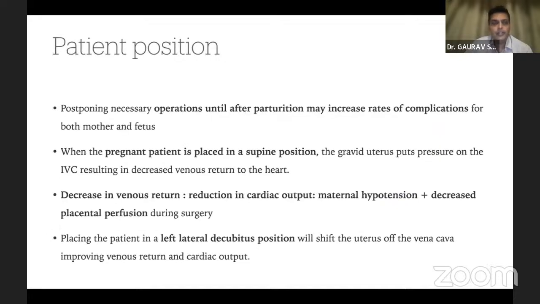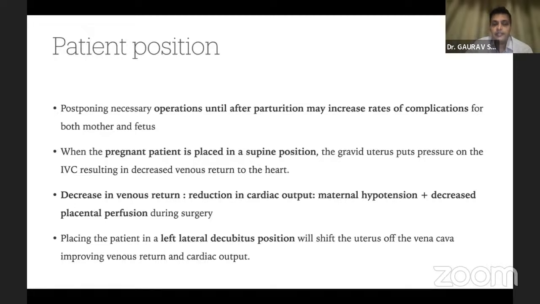Okay, next we come to patient positioning. As far as patient positioning is concerned, when the pregnant patient is placed in supine position, the gravid uterus, especially in the second and third trimester, puts pressure on the IVC, resulting in a decrease in venous return to the heart.